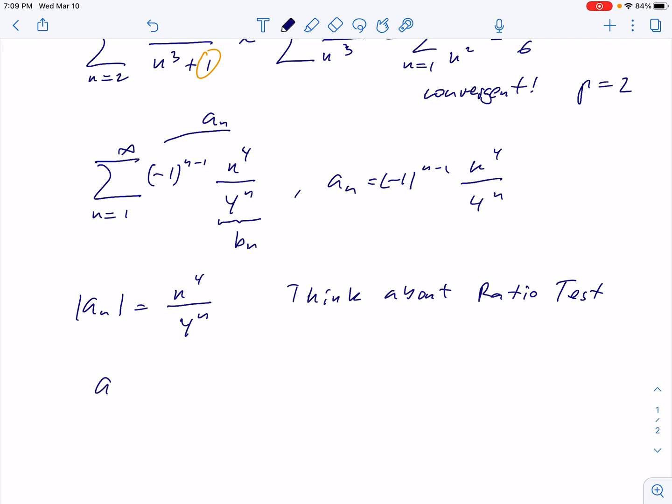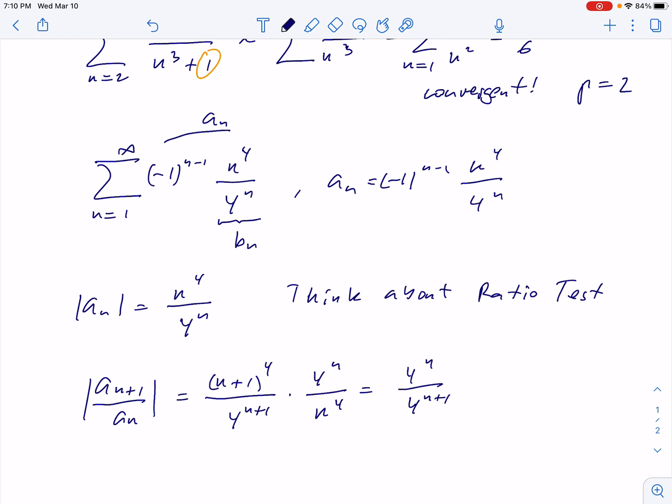So we take a sub n plus 1 over a sub n with absolute values. Here I'm writing a sub n plus 1, and multiply by the reciprocal of a sub n absolute value. So 4 to the n is on top now, here n to the fourth power. So we can rearrange this way: 4 to the n over 4 to the n plus 1.